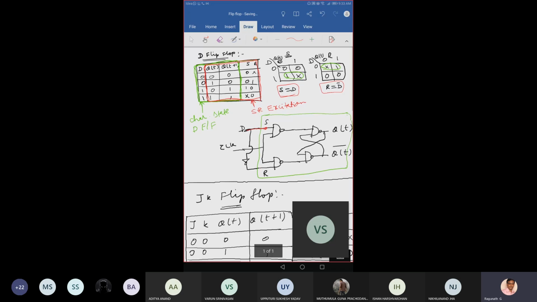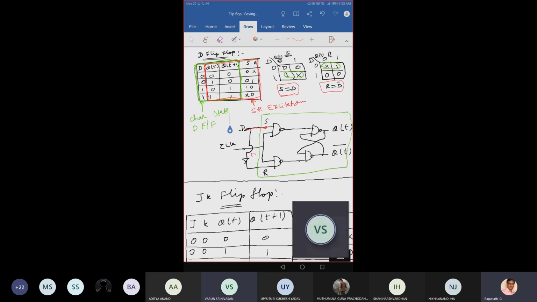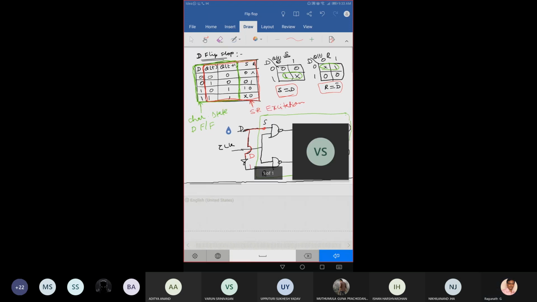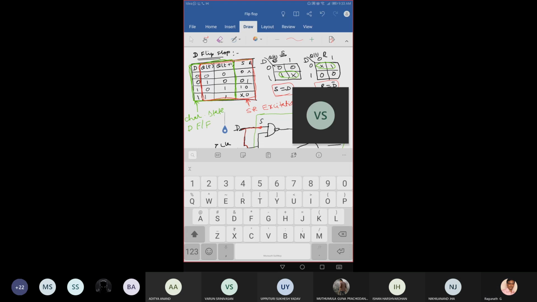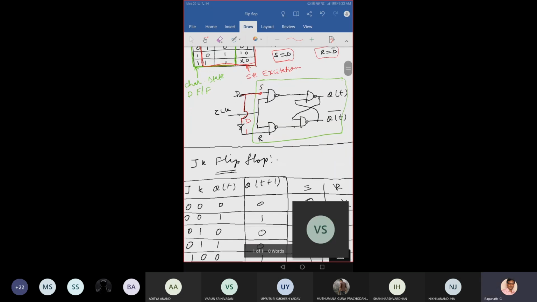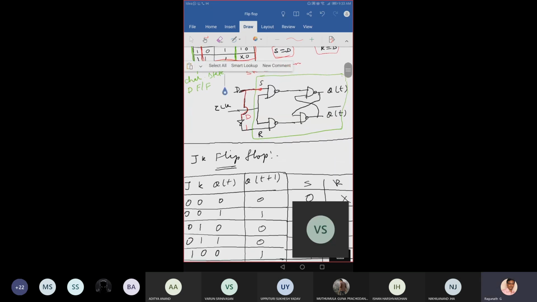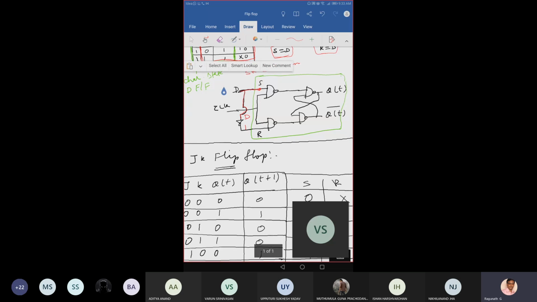What is the input D? Yes, D is given directly here. The output of the NOT gate is D bar, so here I'll get D bar.